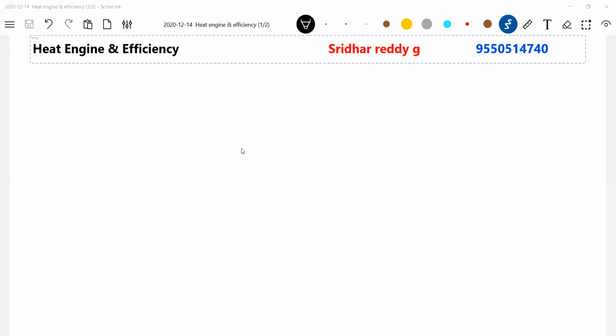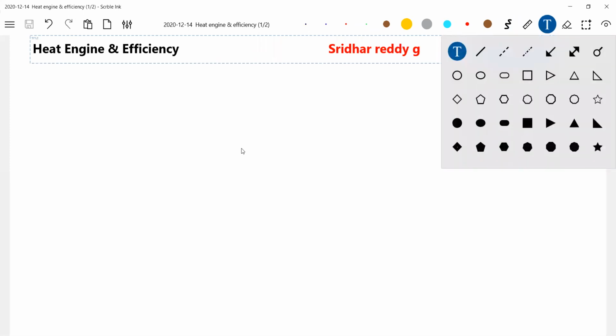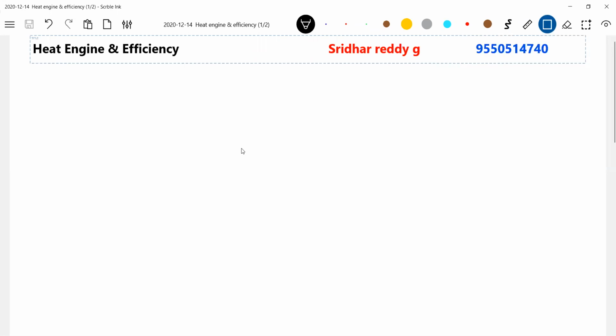Okay, we do have the idea of the heat engine coming. So what is basically a heat engine? Okay, let's take this as the setup.